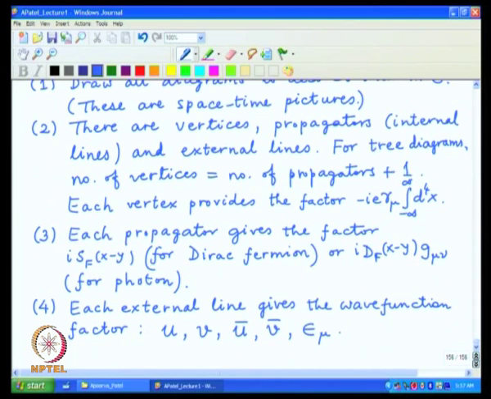So, this now has completed the description of the diagram. Every vertex, every propagator and every external line have been accounted for, and beyond this now there are a couple of factors of the signs which appear. They have to do with our conventions as well as the statistics which has to be followed by the theory, and this may not be too obvious, but once one works out the full field theoretical formulation, it becomes quite straightforward to handle.